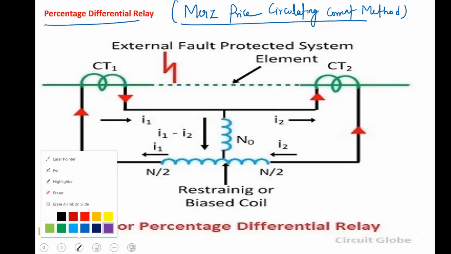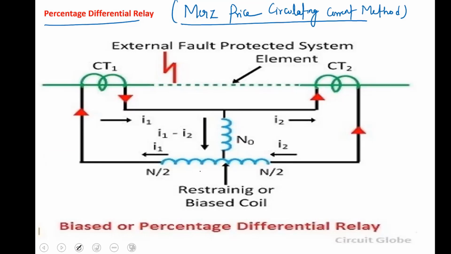This brick color coil which I am circling is the restraining coil, which is divided into two. The total restraining turns are NR. Half of the turns will be present here, the other half will be present here. So the total restraining turns are divided into two sections.